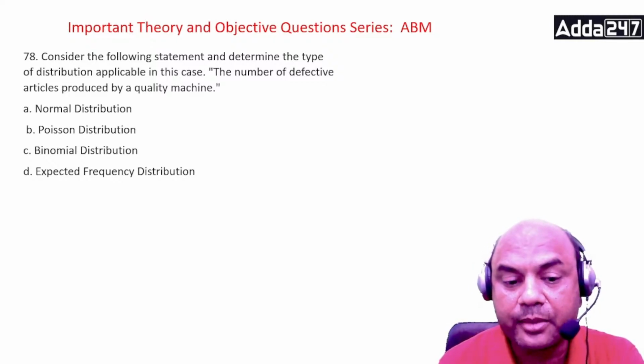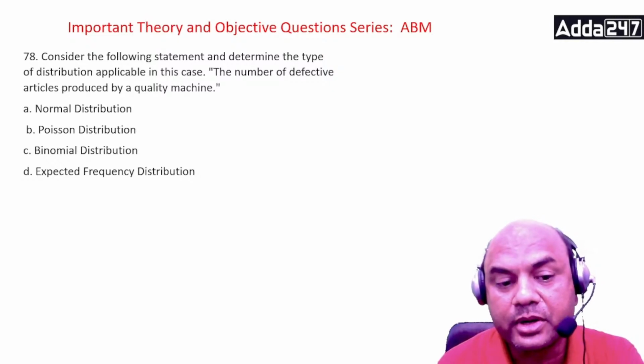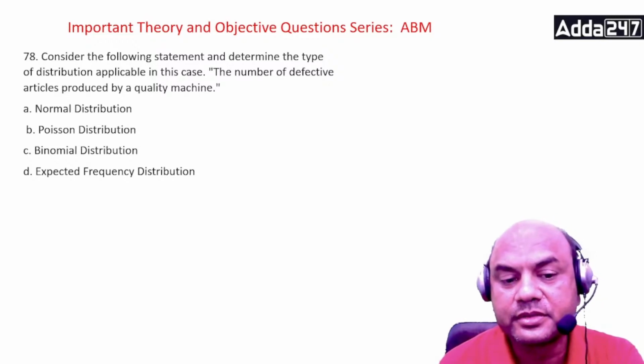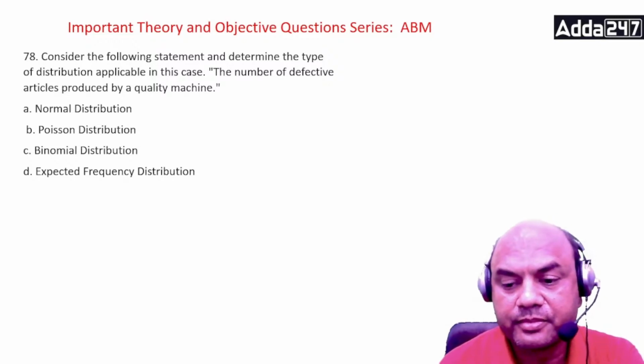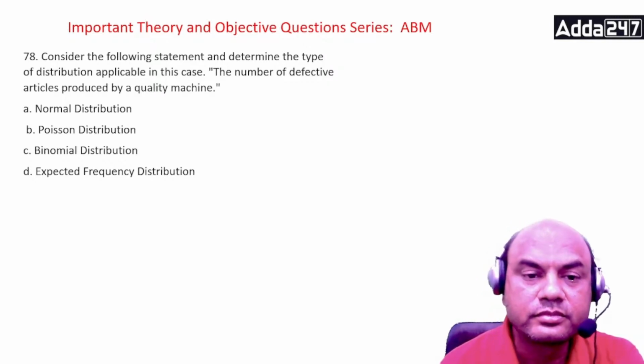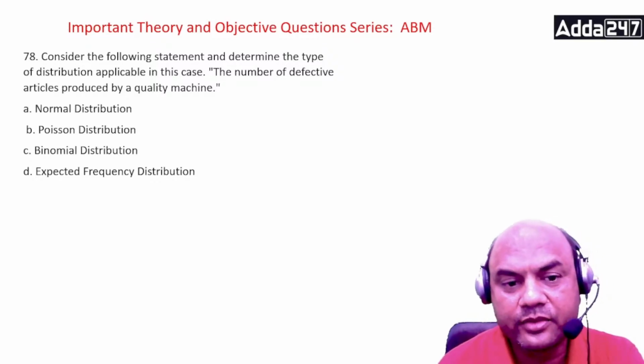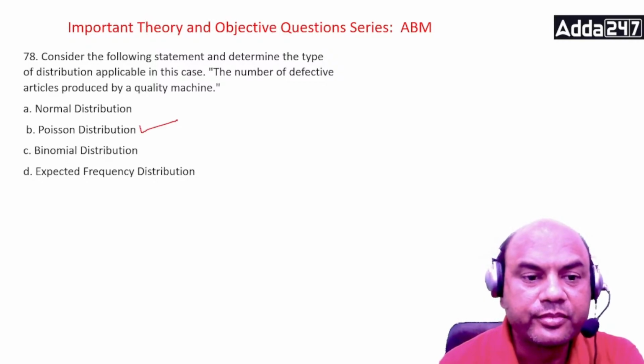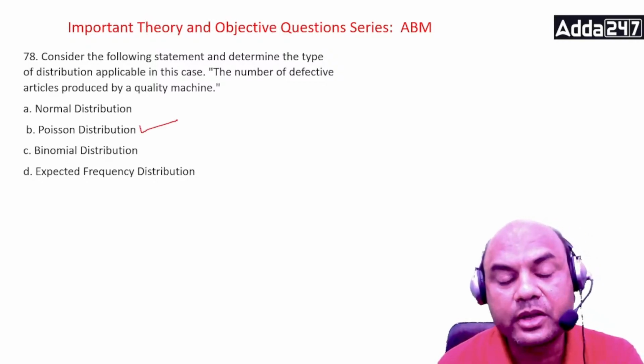Which one will be applied over here? Number of defective parts produced by a quality machine. The answer is Poisson distribution.